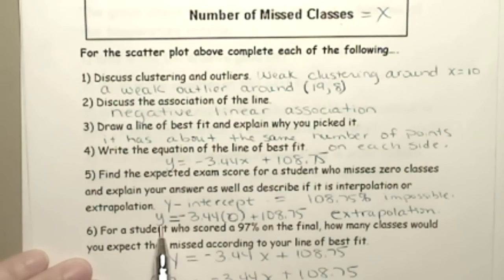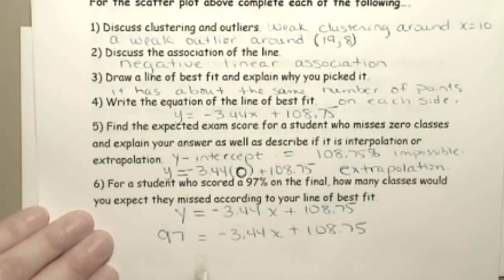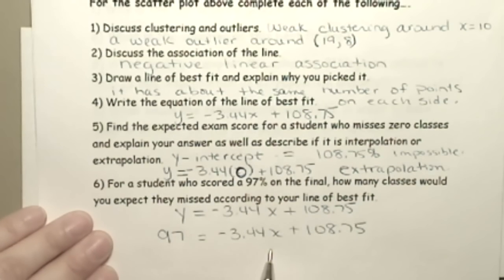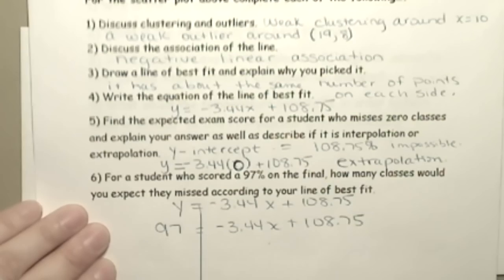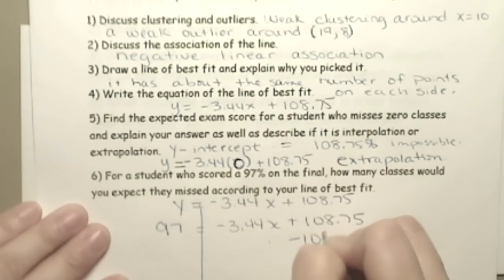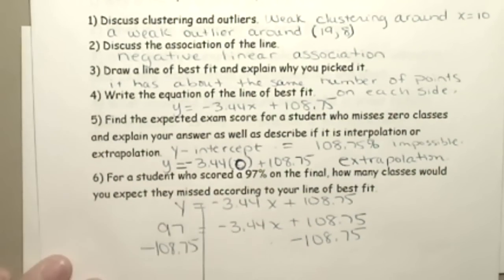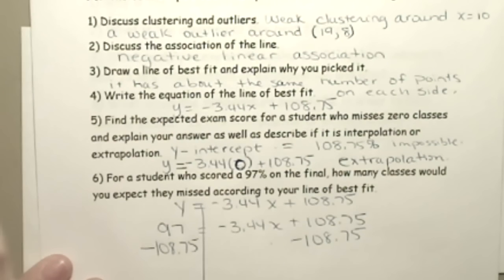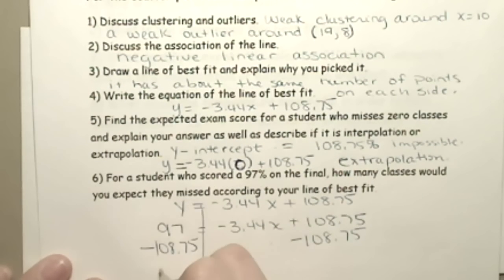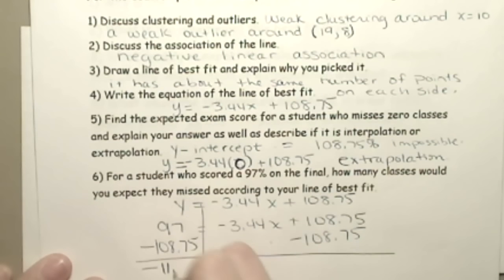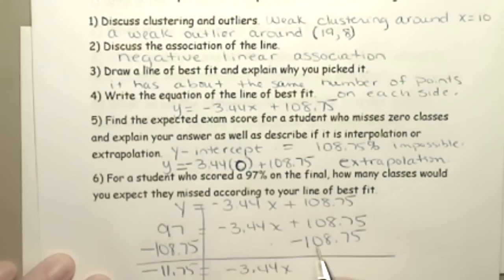At the first one, we didn't know the exam score. We did know the number of missed classes. On this one, we know the exam score, and we're trying to figure out how many missed classes there could be. So I have to use inverse operations this time. So let's do the solving. 97 minus 108.75 is about negative 11.75 equals negative 3.44x.